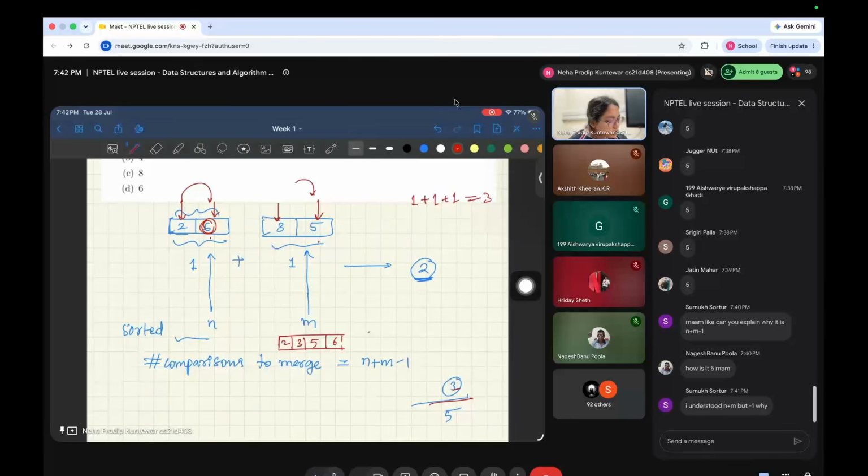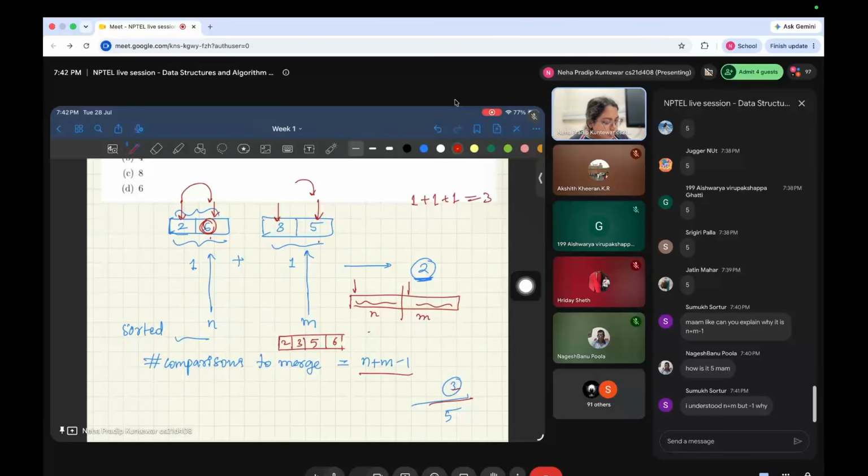And in general, to see this n plus m minus 1, imagine that this is your n plus m sized array. Let's say these are n elements, these are m elements, and these two are sorted amongst themselves.